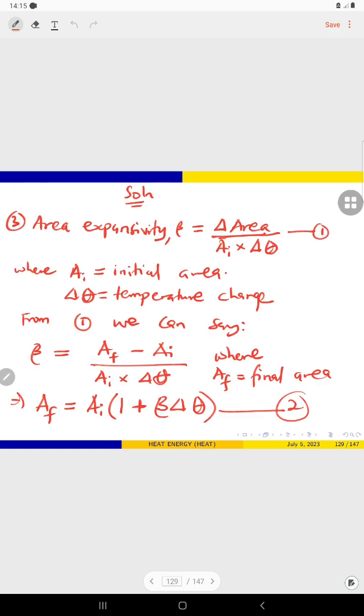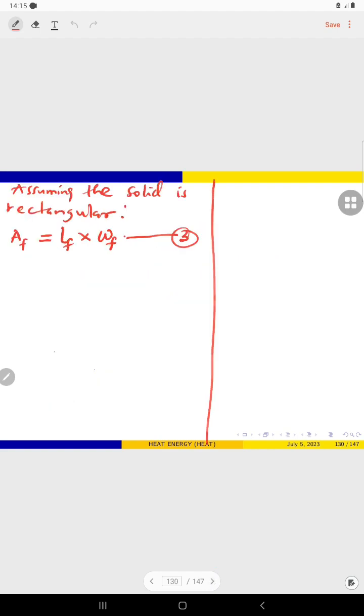Okay, yes. And applying from linear expansivity, we know the definition of linear expansivity, we call it alpha. We know that alpha is what? LF minus LI over LI times change in temperature.